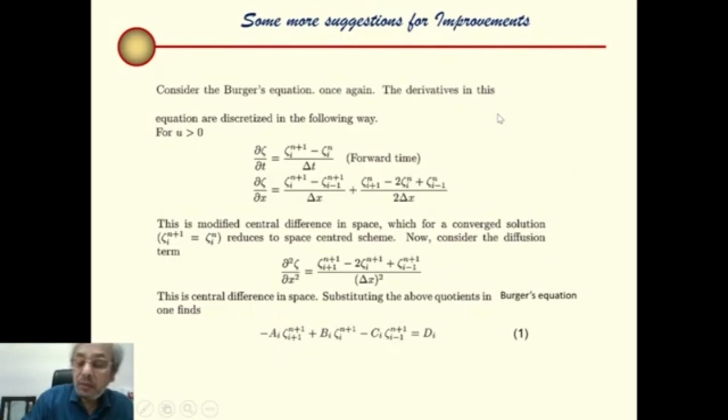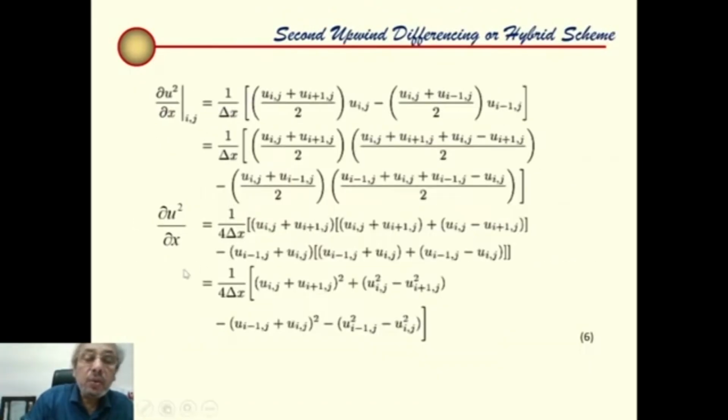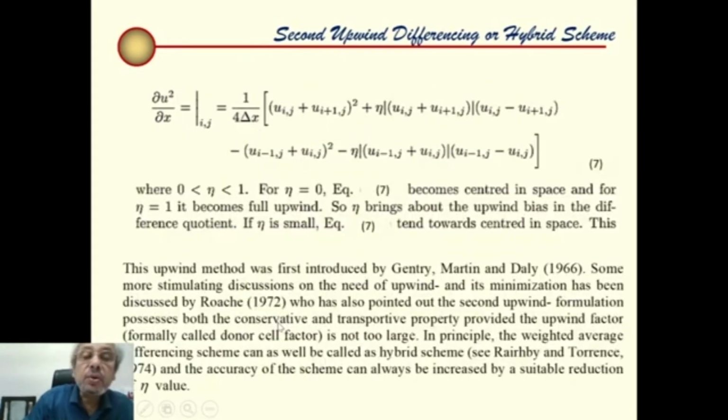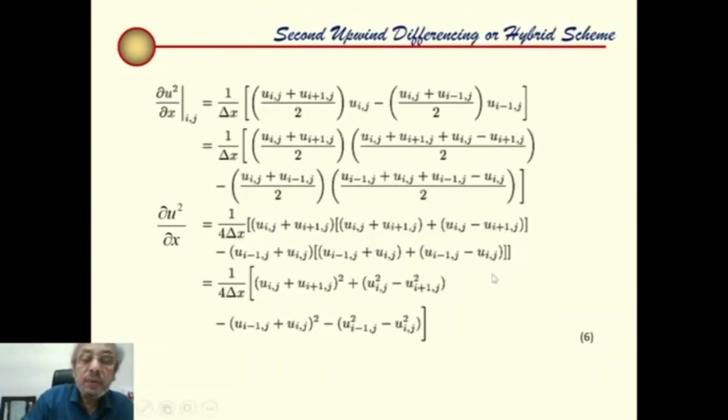Similarly, what we do with the minus quantities: here we do not touch this, we retain this as such. So ui minus 1j plus uij square, minus again, what we do, because how did we form this term?